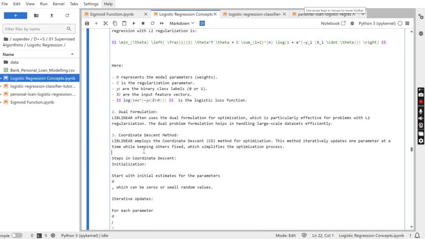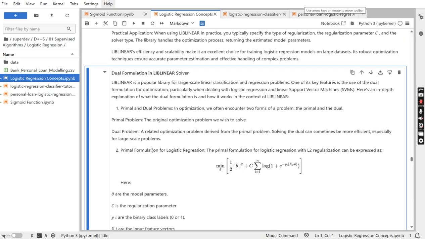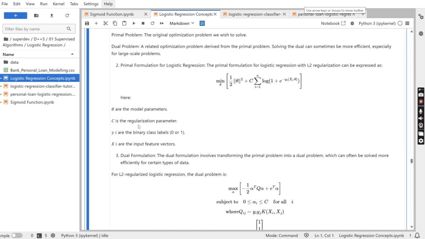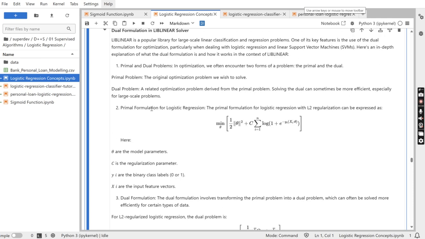For example, if in your model you pass the liblinear method and you also specified a regularization parameter, a learning parameter, and many others, what this method does is change one parameter, keep everything constant, and measure how much change is happening.